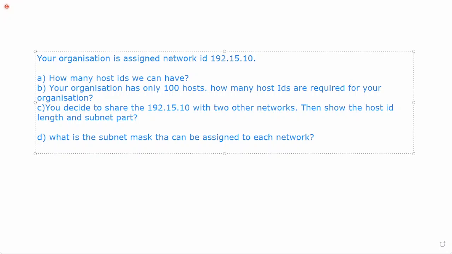Okay, can we discuss? So your organization is given 192.15.10.